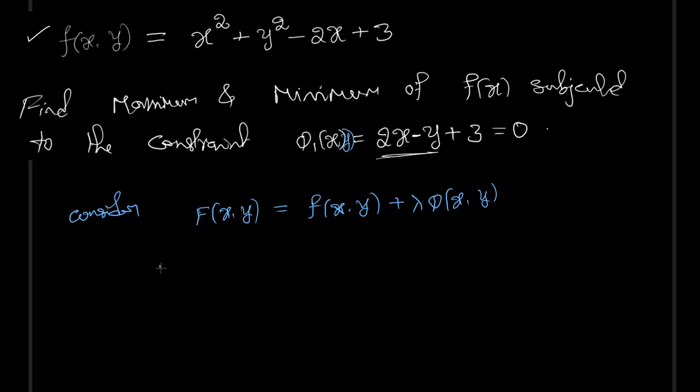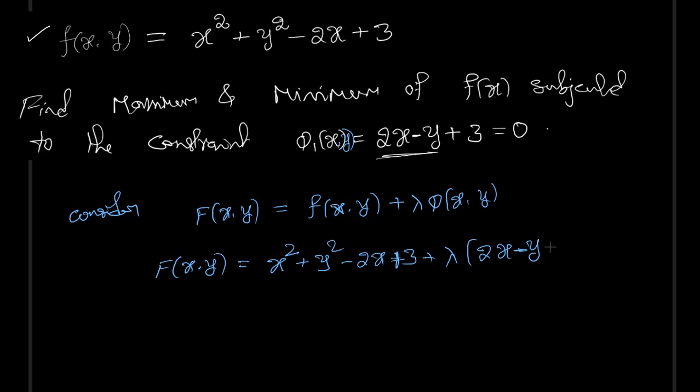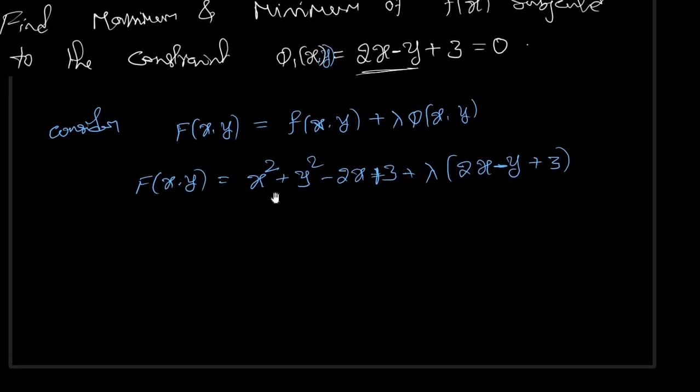Okay, so now what is f of x comma y here? x square plus y square minus 2x plus 3, plus lambda into, this is 2x minus y plus 3. So we wrote this function.